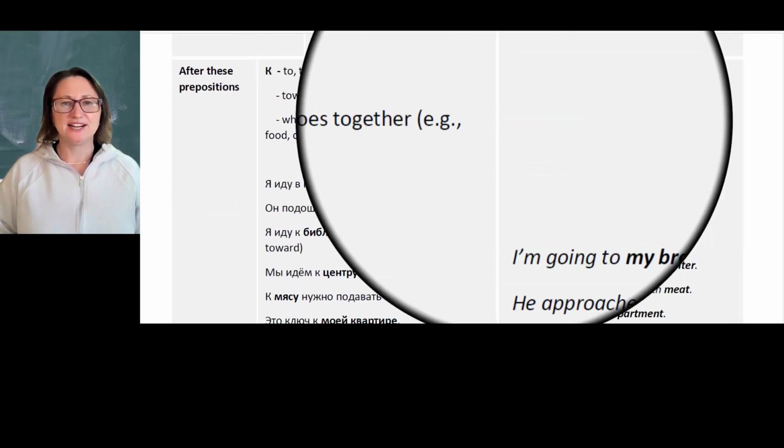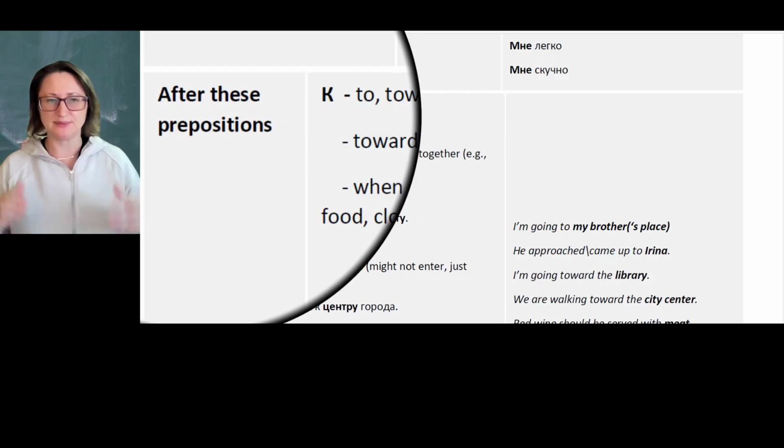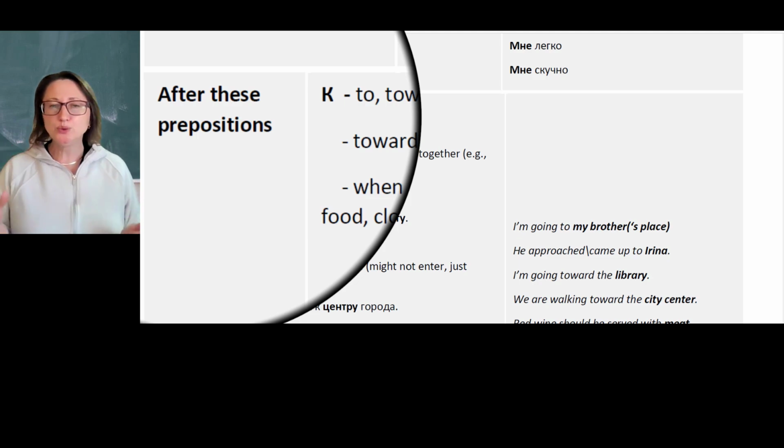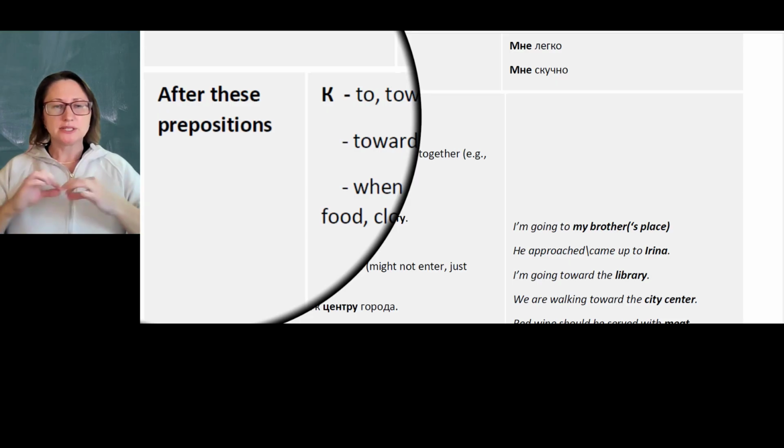Okay, and finally, we're getting to the last context, but it's going to be a big one because we're working with the prepositions again. You noticed as soon as we moved from nominative to genitive in the last video, we already started working with a lot of prepositions. Again, don't feel overwhelmed. Just remember there are some prepositions that go with specific cases, and some that go with multiple cases with different contexts.